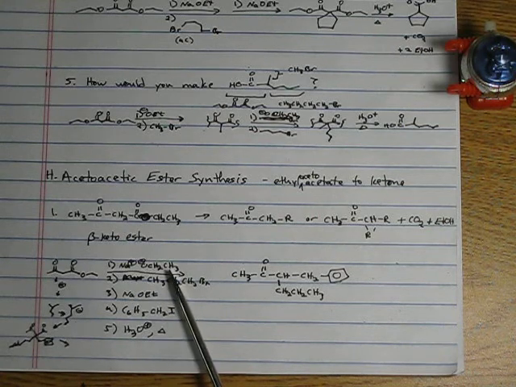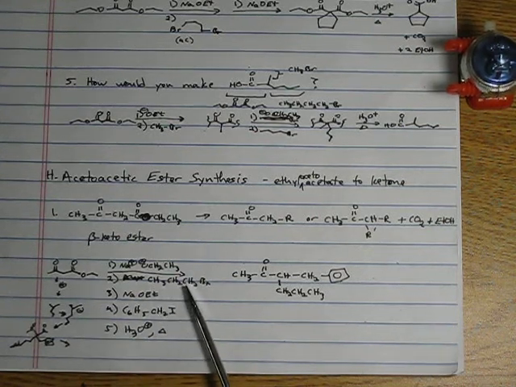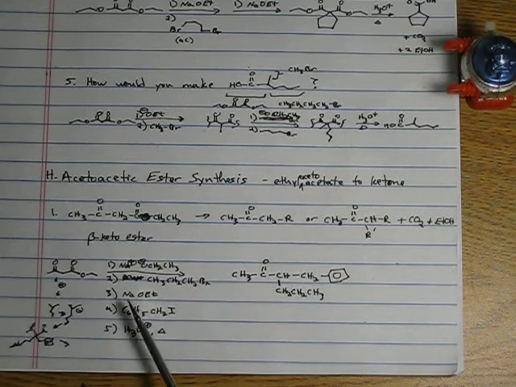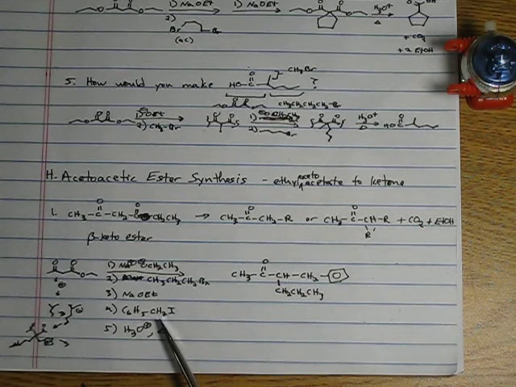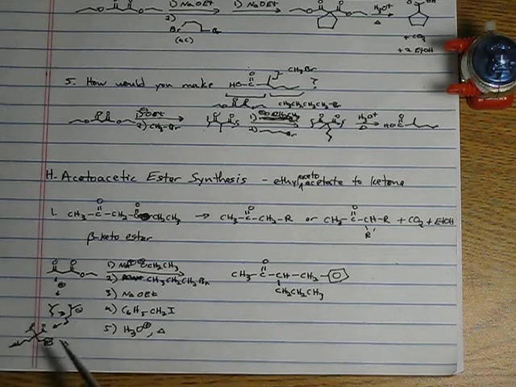Add sodium ethoxide, then add this propyl bromide, then add sodium methoxide again, and then, ooh, look at this, C6H5CH2I, a phenyl ring with a CH2 and an iodide on there, and then add acid and heat. Well, hopefully you should be able to work through it in your head, but let's go through it anyway.